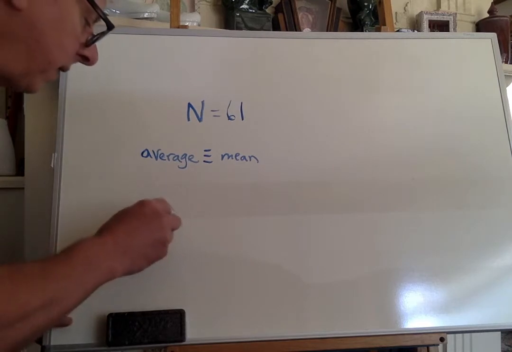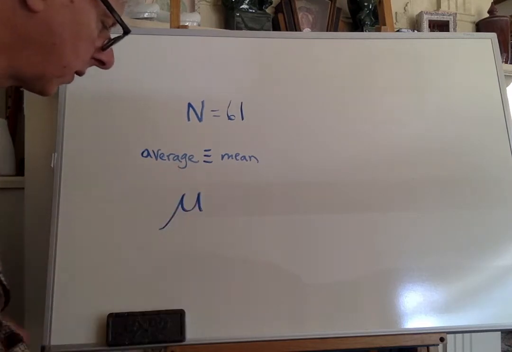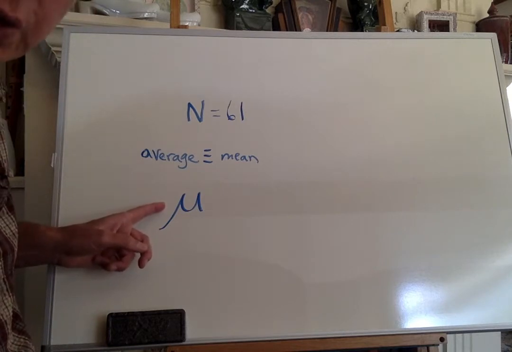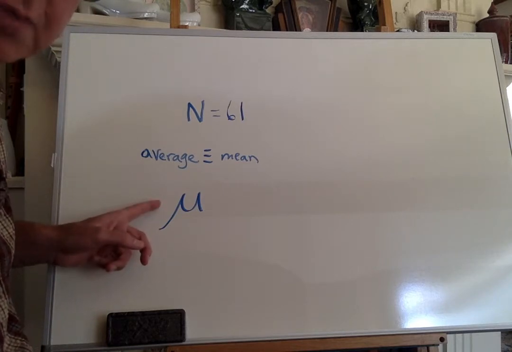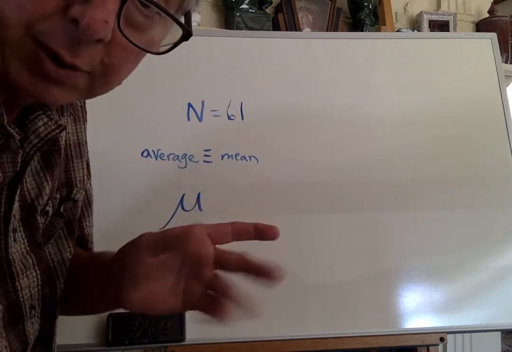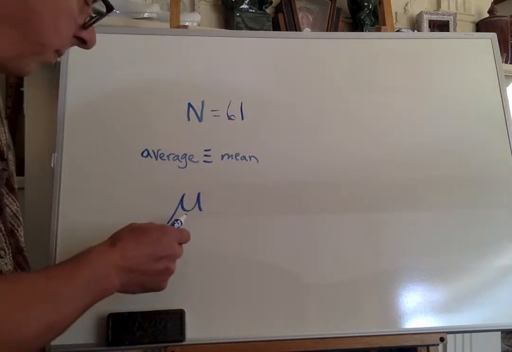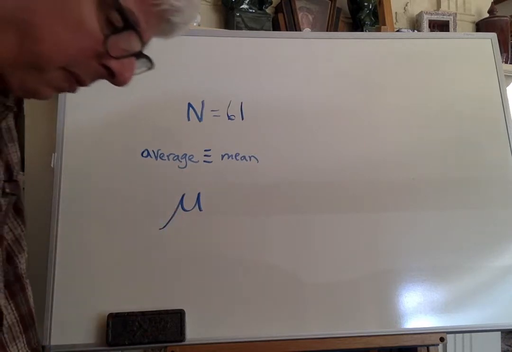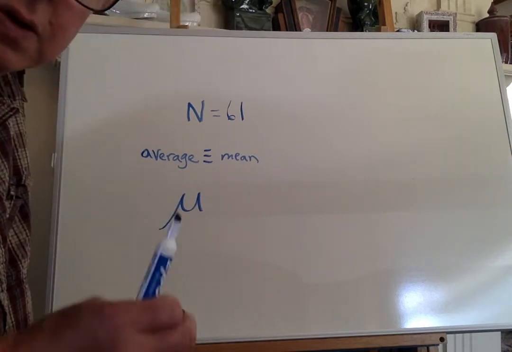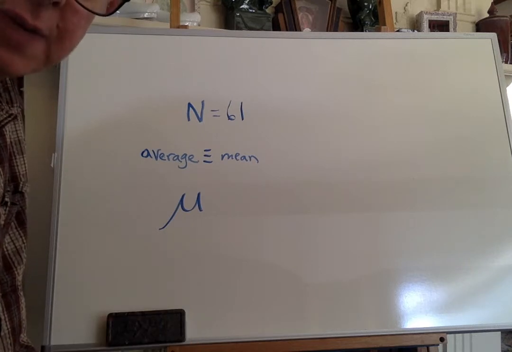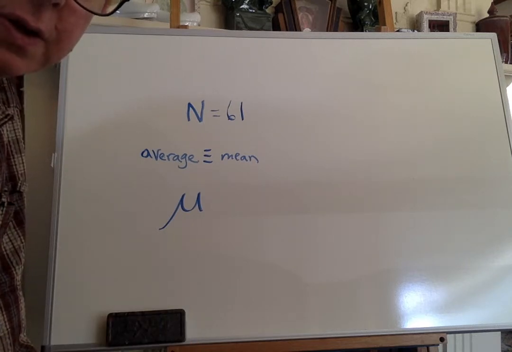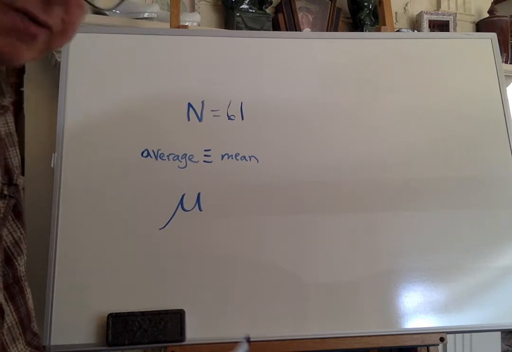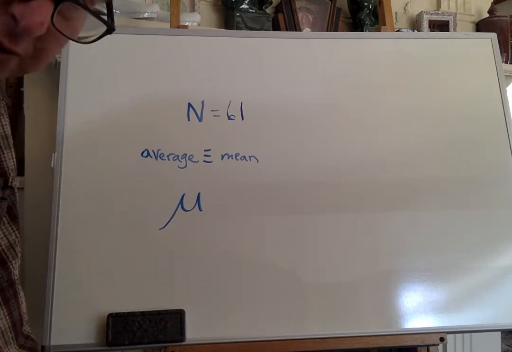Now, the mean in statistics is going to be given by this symbol. It's a mu. By the way, you can use that word in Scrabble, just saying. Mu. It's like a U with the tail in front. That denotes the average. Now, do you know the recipe for the average? That's correct. You add up all the scores and then divide by the number of scores.